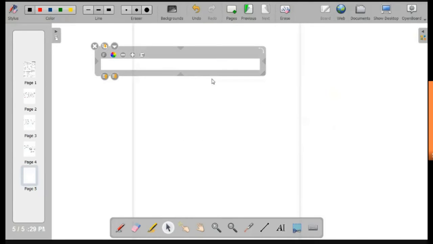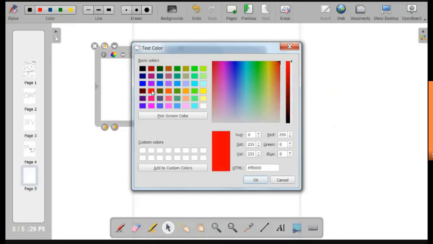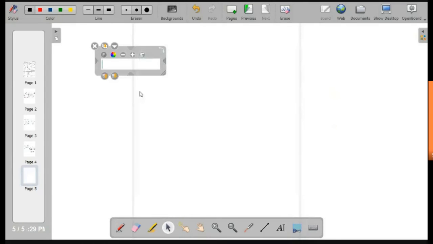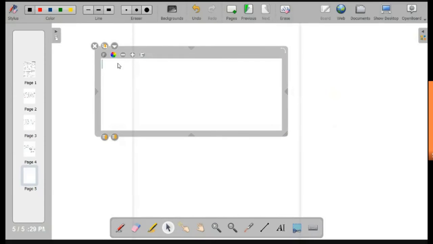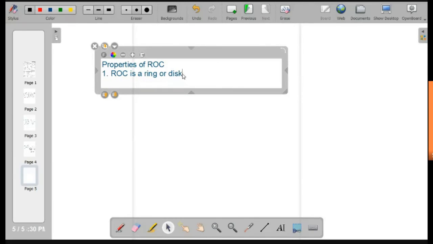Properties of ROC. What is the first property? ROC is a ring or disk in the Z plane.